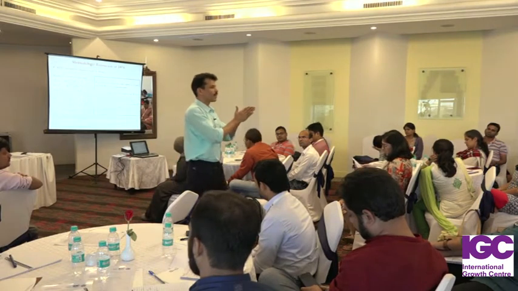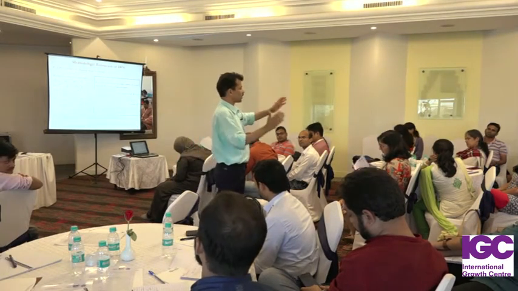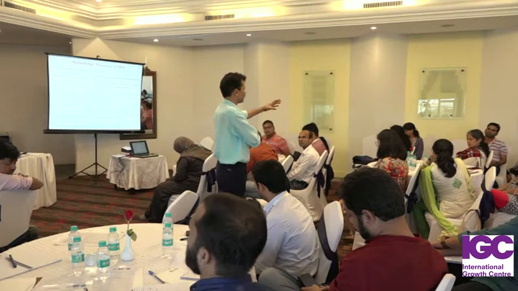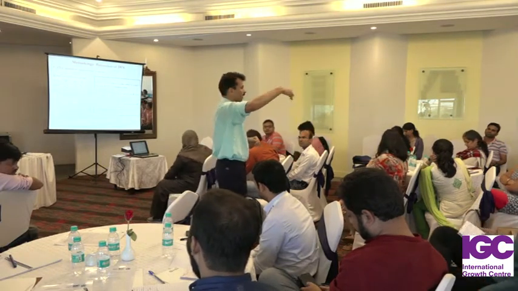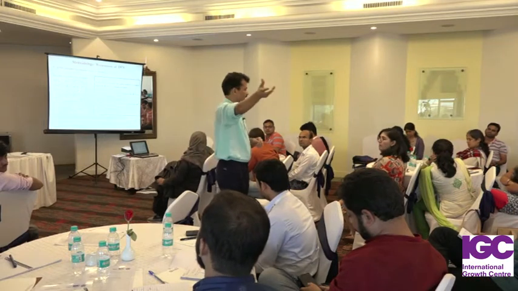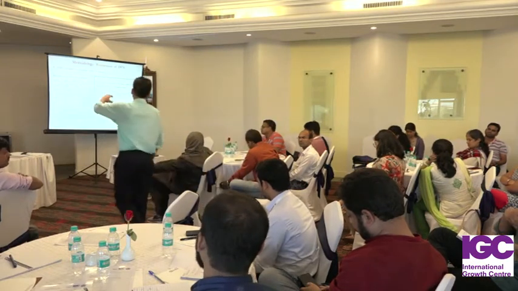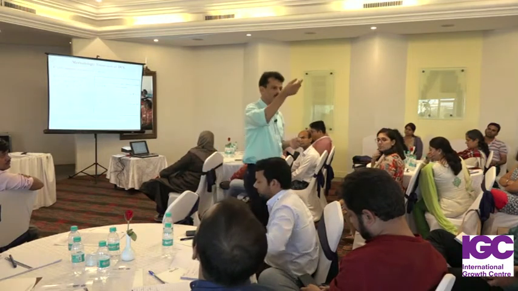Which we can decompose into two parts: direct DVA, domestic value addition, and indirect DVA. Indirect can be attributed to backward linkages. Direct is what happens in that industry itself. When automobile is exported, domestic value addition happens in automobile.